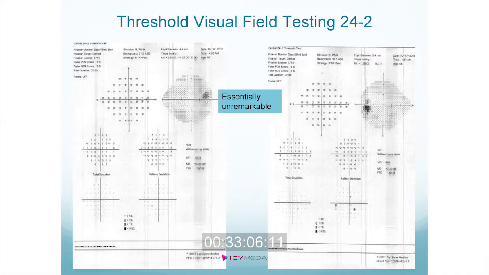I wouldn't look at that field and say, gee, I'm concerned. I may repeat it, but I don't even know if I would repeat it. There's some random scattered defects, nothing that's really significant to me. Okay, so you start to ask yourself, is the GCC picking up something structurally before the functional part comes out? And essentially in this patient, yes, it did.